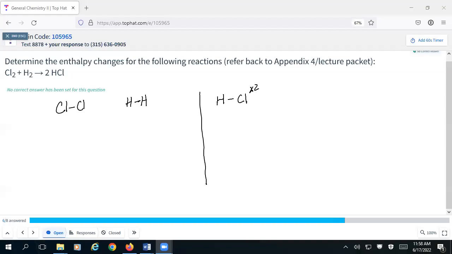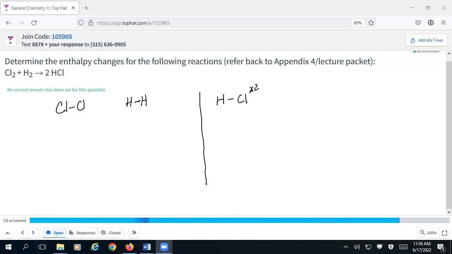All right, let's see how we did. This one was a good bit simpler. There were fewer molecules, and the molecules were smaller, simpler.